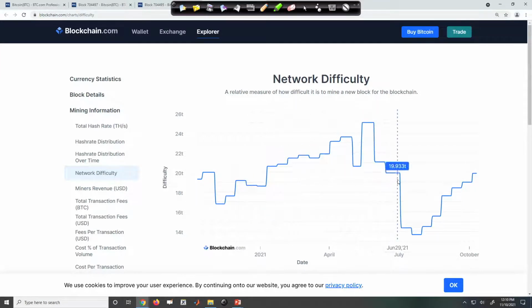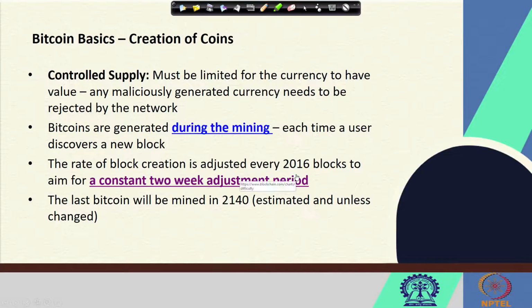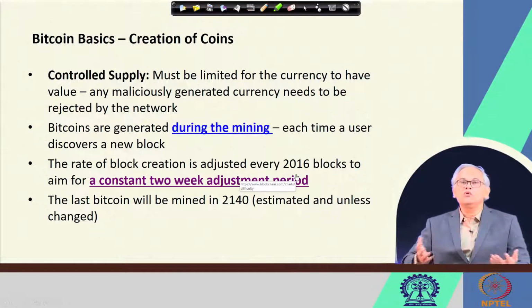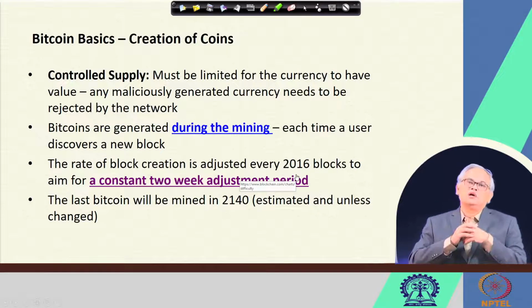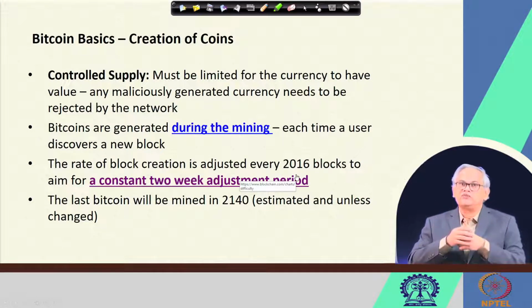Only in July of 2021 there was a sudden drop, and then again you see that it is slowly increasing from July till October of 2021. In general there is this increasing trend, which is quite obvious, because with time new hardware will be able to solve the puzzles more quickly, and that means we have to increase the number of leading zeros, so that the average block mining time of 10 minutes remains fixed.